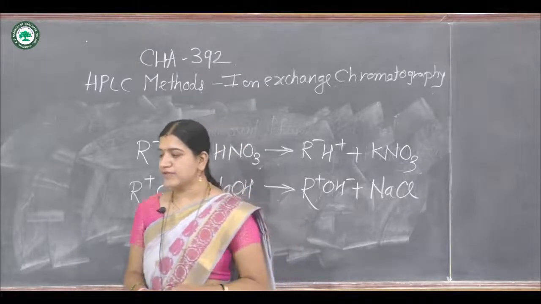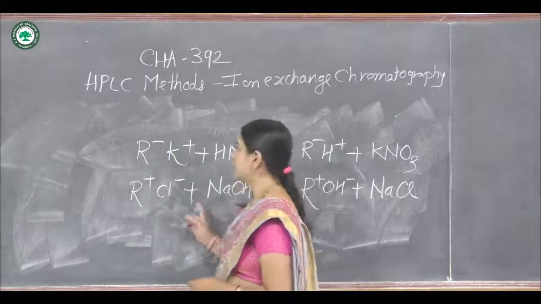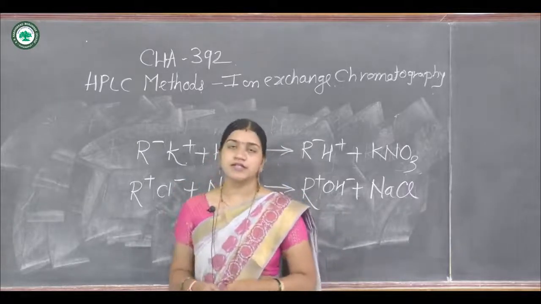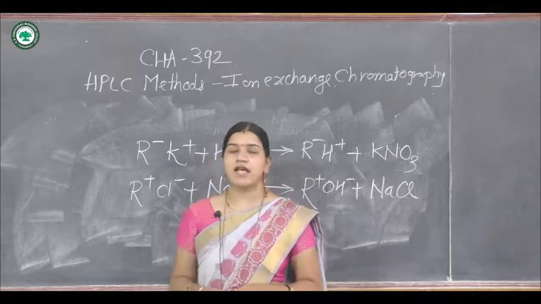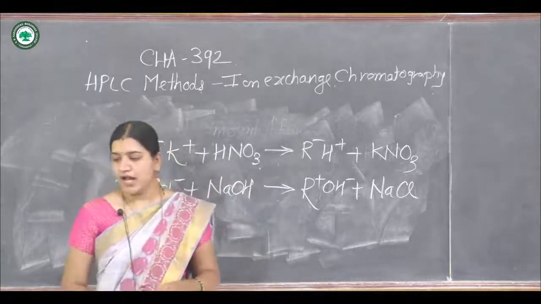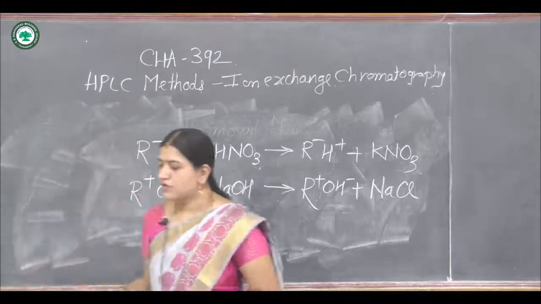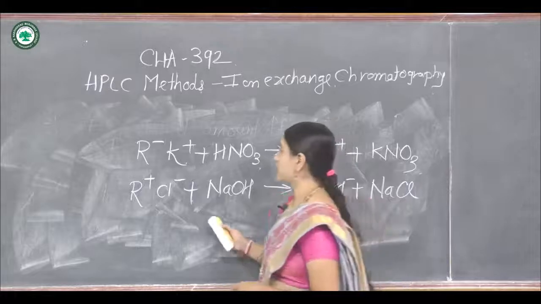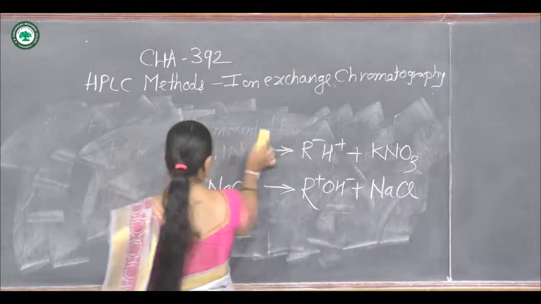Now after this, you can also use a solution containing the counter ion, that is, of cationic or anionic nature, and equilibrium is obtained. What are the reactions for them?